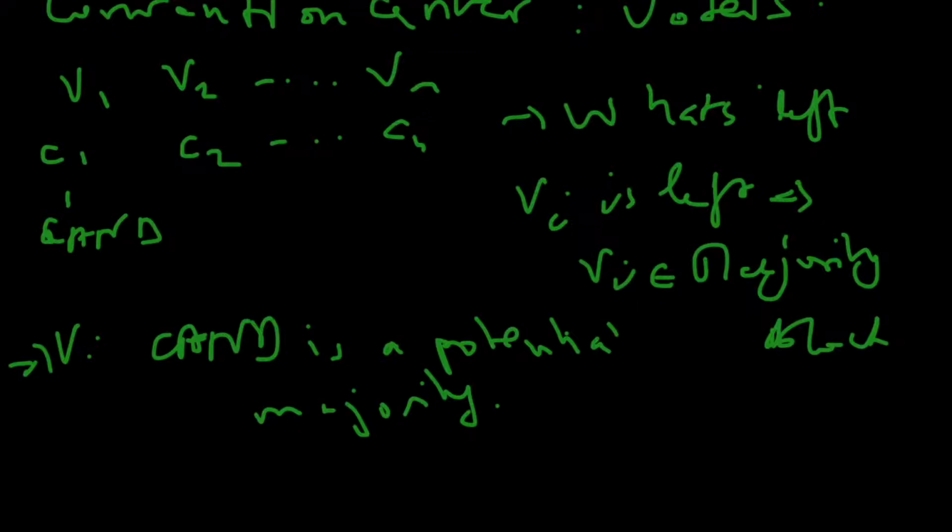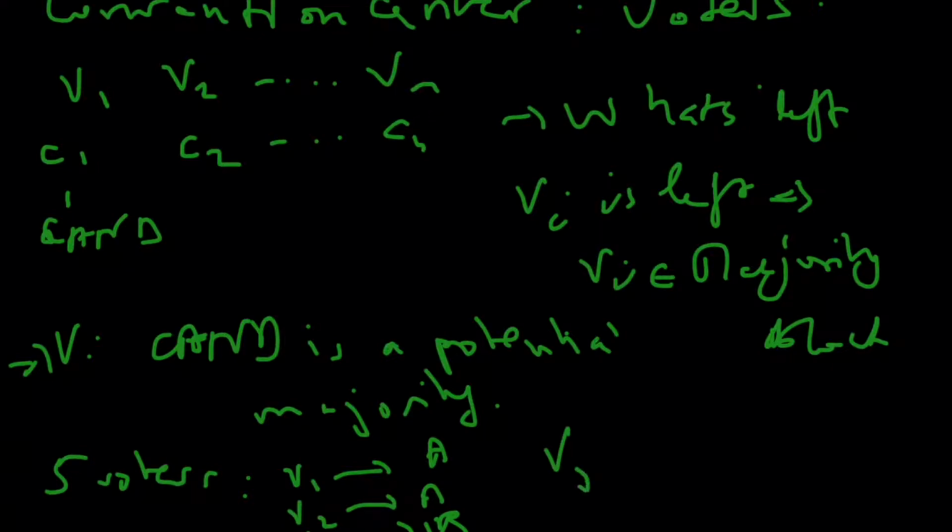Because we may have, say, V1 votes for A, V2 votes for B. Say we have only 5 voters. Say V1 votes for A, V2 votes for A, and V3 votes for B, and V4 votes for B, and then V5 votes for another one, C. So each one of them would knock down the other, and we have C left.